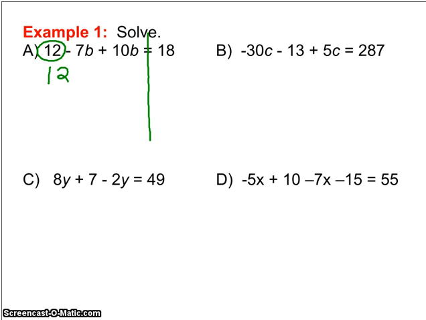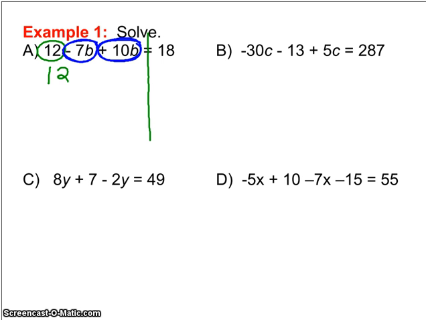Then I do have some terms here that contain a b, so I'm going to take a look at those, again looking at the sign in front of the term. So here I have a negative 7b, here I have positive 10b.